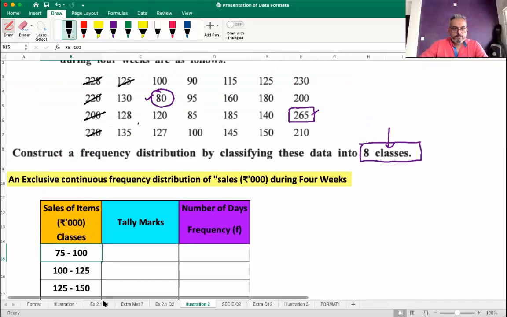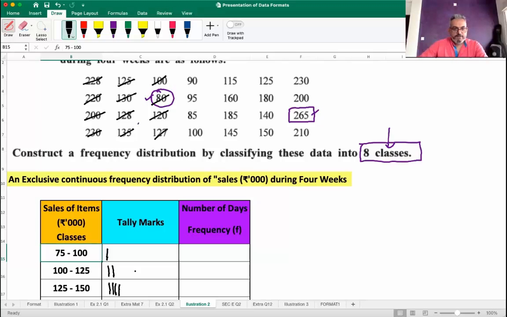125, 125 to 150. 130, 125 to 150. 128, 125 to 150. 135, 125 to 150. Then 100, 100 to 125. Then 80, 75 to 100. Then 120, 100 to 125.